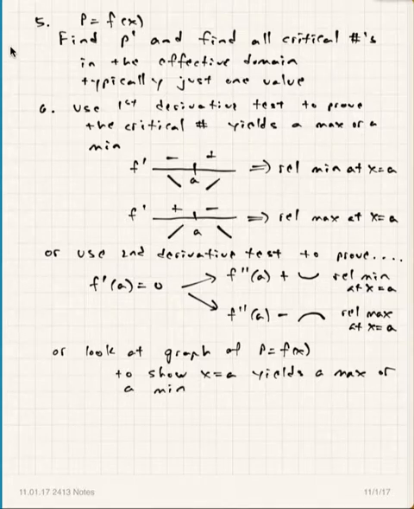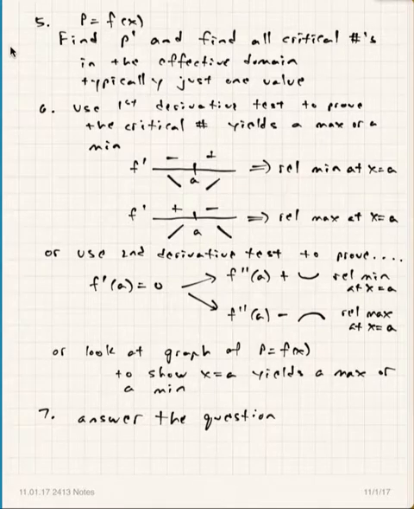And then finally, step 7, last step. Step 6 is the step where we prove that you've got a maximum or a minimum at a particular critical number. And 7 would be to actually answer the question, which sounds kind of goofy to say, but just because you found where the maximum or minimum occurs doesn't mean you're answering the specific question in the problem.